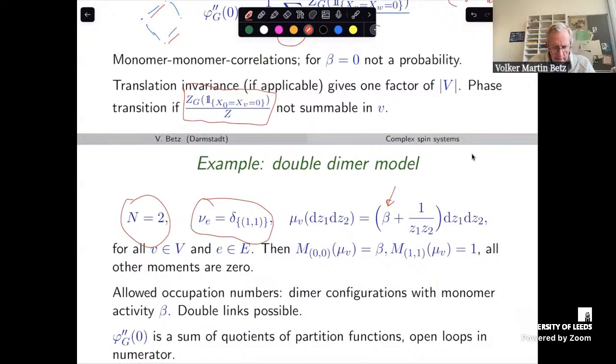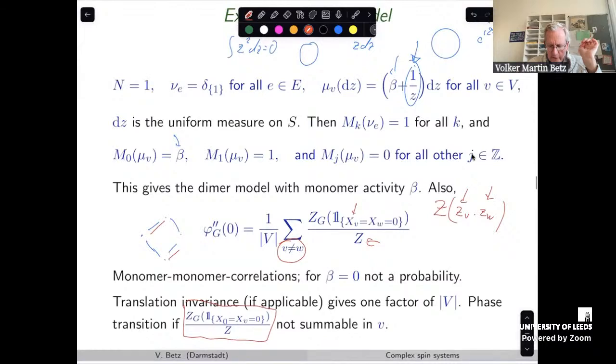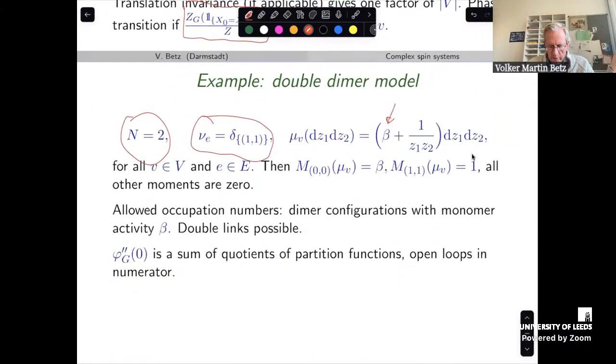It's the Dirac measure at 1, 1, and the complex measure is just the product of the two. So here's 1 over z1, and 1 over z2. And then you look at the moments. Okay, the 0th moment is beta, and the 1, 1 moment is 1. So you have to have a z1 and a z2.